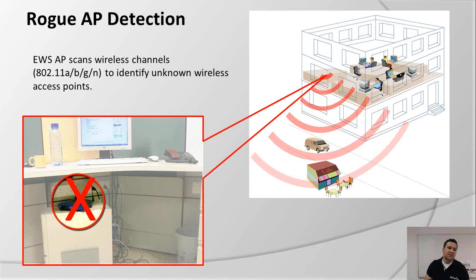But with rogue AP detection, the Neutron controller or the ezMaster will scan the wireless channels, like a background scan, and it will recognize access points in the neighborhood that are not your access points, and it can optimize the wireless network to not use the same channel to avoid conflicts. That makes your network even more optimized, even taking into regard the access points in your surroundings.